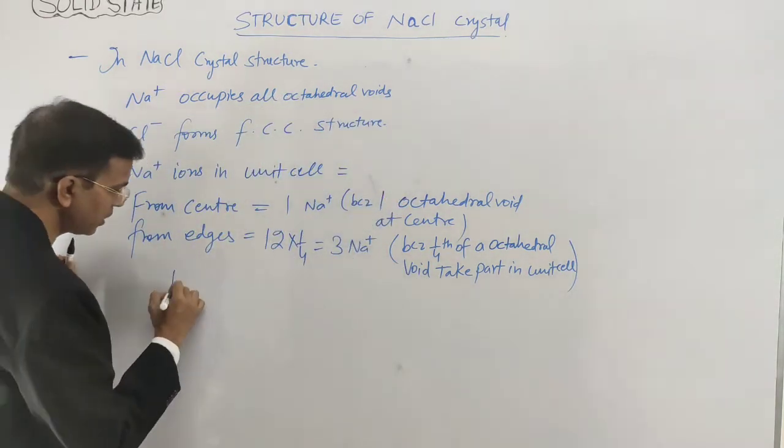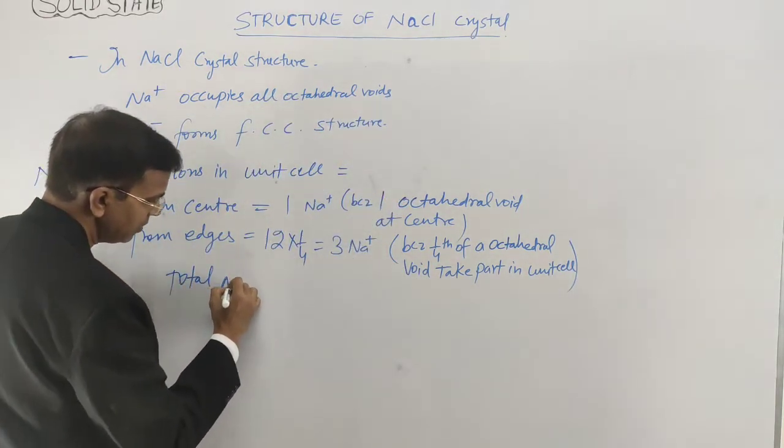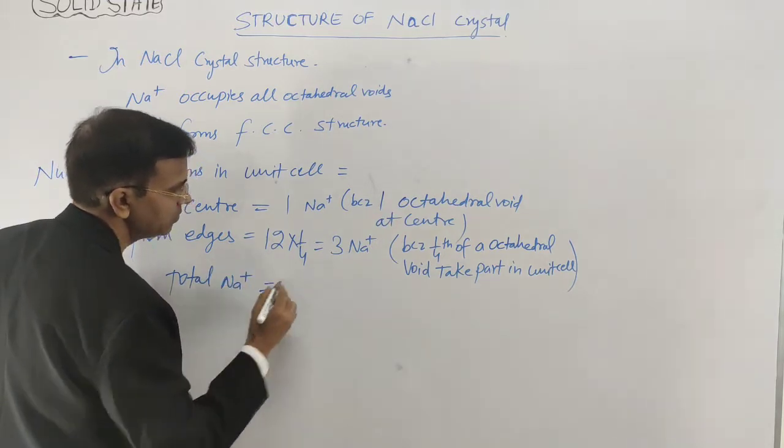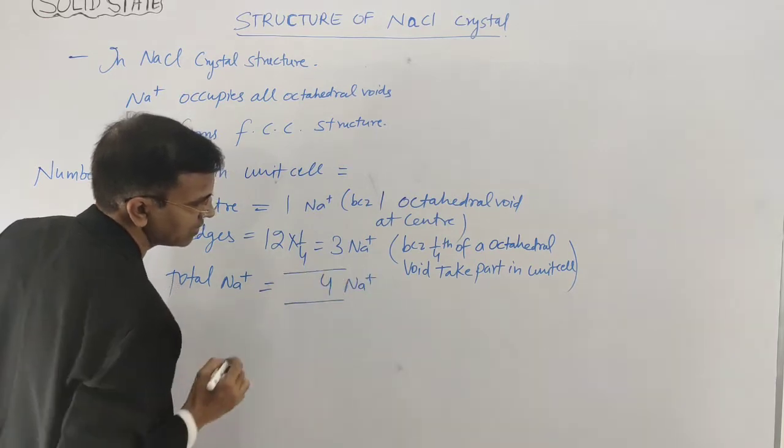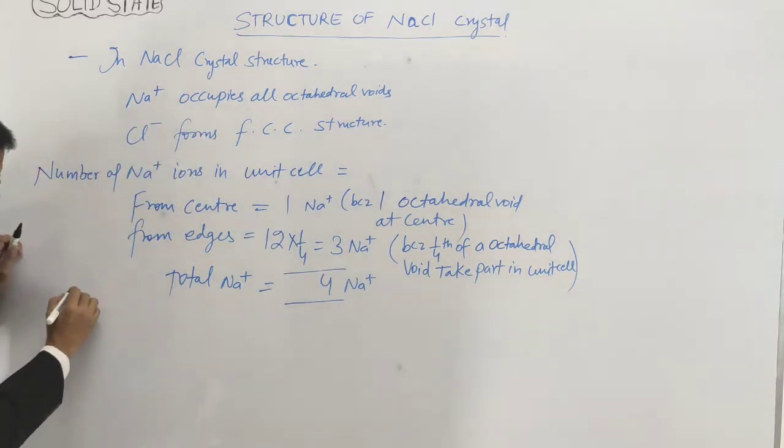Now the total Na positive is equal to 3 plus 1, 4. 4 Na positive ions in our unit cell, right?